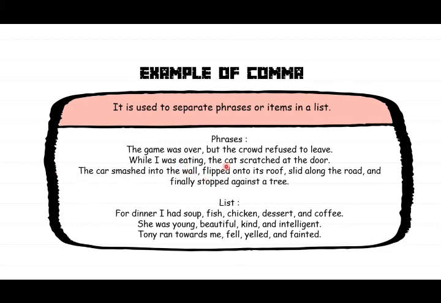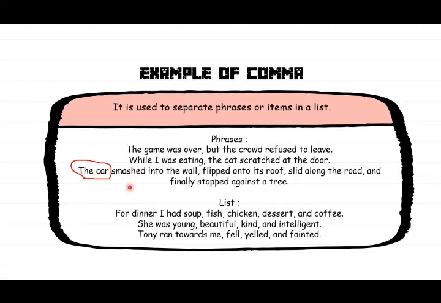Okay, ada 3 jenis frasa yang mana dia merujuk kepada satu benda. The car. Tengok the car here. Okay, cakap apa? The car smashed into the wall, flipped onto its roof, slid along the road, and finally stopped against a tree.